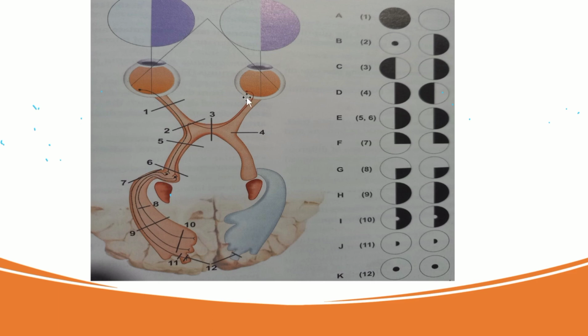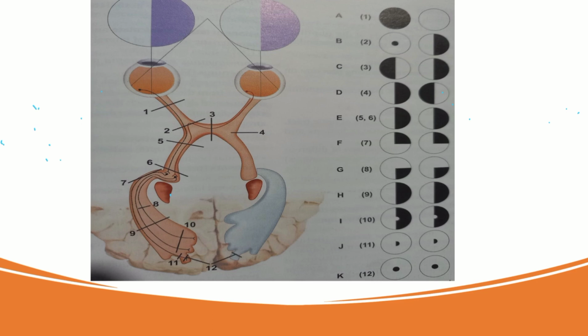Since there are nasal fibers of the opposite eye, the visual field lost in the other eye will be on the temporal side, but it will be limited to the upper half, that is upper nasal and upper temporal only, because these are the inferior retinal fibers, and inferior retinal fibers take the vision from the superior visual field. So the superior visual field will be affected, not the inferior one.